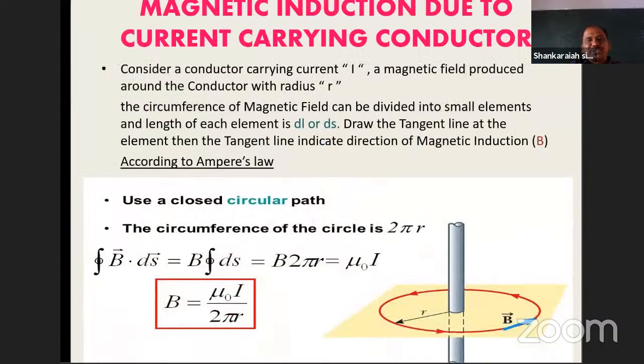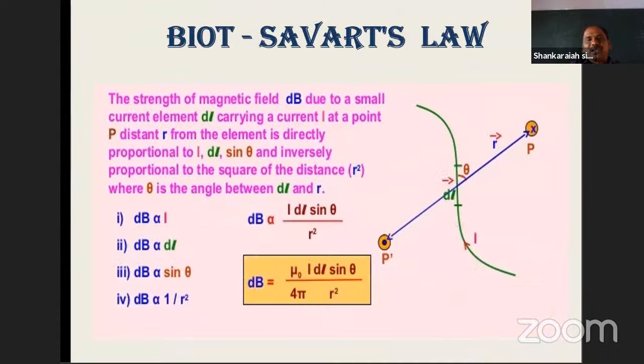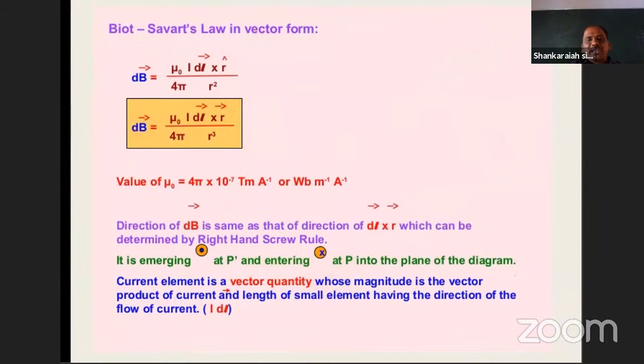Next, magnetic induction due to a current carrying conductor, Biot-Savart law. This is the vector form, already explained. This r cap is a unit vector. What is a unit vector?